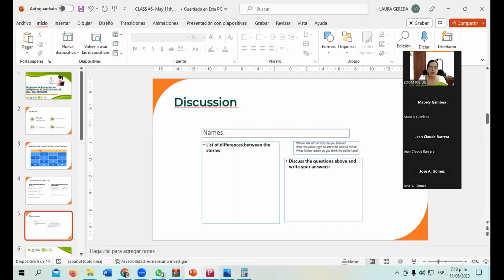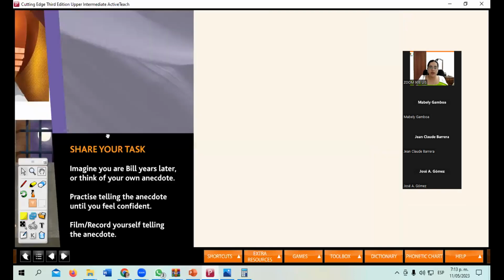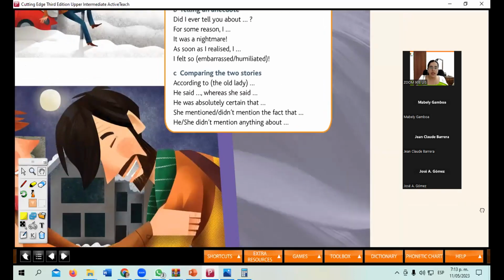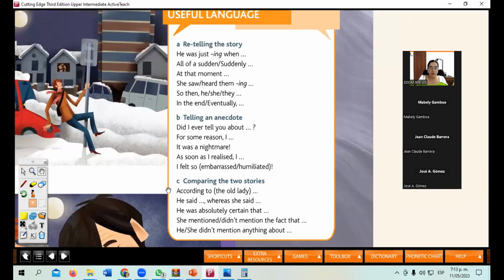You can use the vocabulary in the useful language part C, because you're going to compare the two stories. You can say according to Frank or according to the old lady, or he said this, whereas, mientras que, whereas the lady said this.